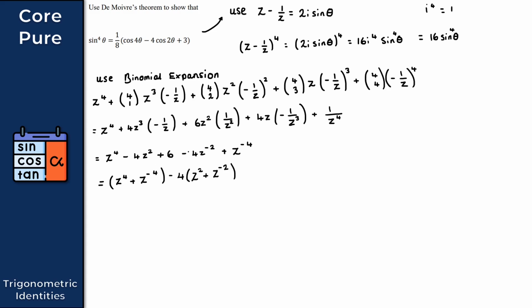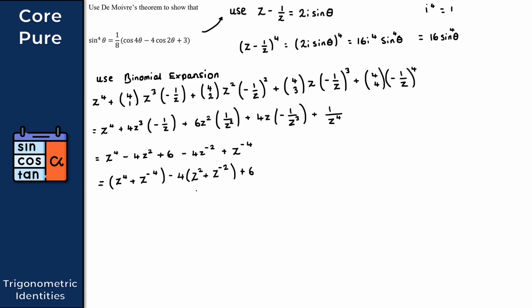And then finally, we've got this plus 6 here, right? We can't group that with anything, so it's just on its own at the very end. Okay, so hopefully that makes sense what I've done here, right? Just grouping z to the 4 and z to the minus 4, grouping the minus 4z squared and the minus 4z to the minus 2 together.